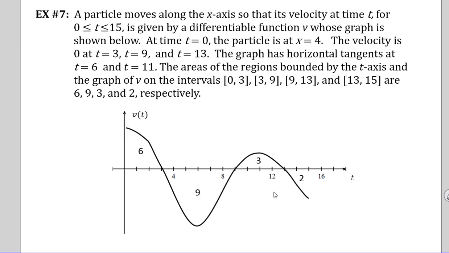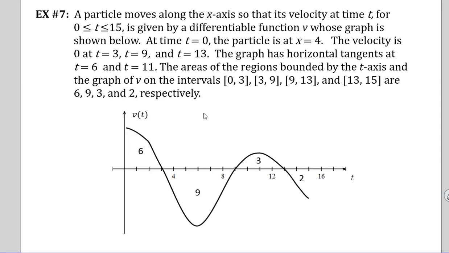And t equals 13, velocity is 0. The graph has horizontal tangents at t equals 6 and t equals 9. The areas of the region bounded by the t-axis and the graph of v on the intervals from 0 to 3, so that's here, 3 to 9, 9 to 13, and 13 to 15 are 6, 9, 3, and 2 respectively.